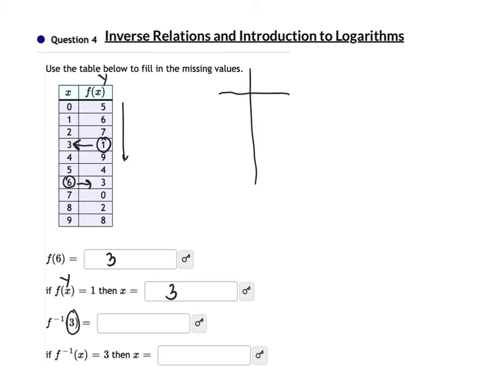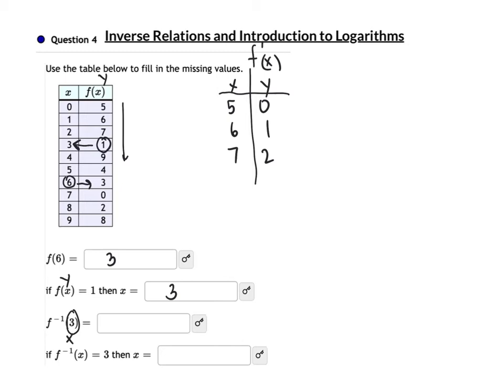This would be f inverse of x, and my x and my y values. Remember, they would be 5, 0, 6, 1, 7, 2, and so on. So this is a y that becomes an x. Remember, this is f of x, but now I'm talking about the inverse function. It's actually a y in the original table.